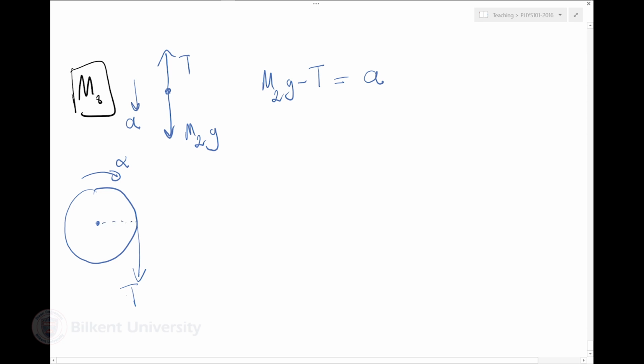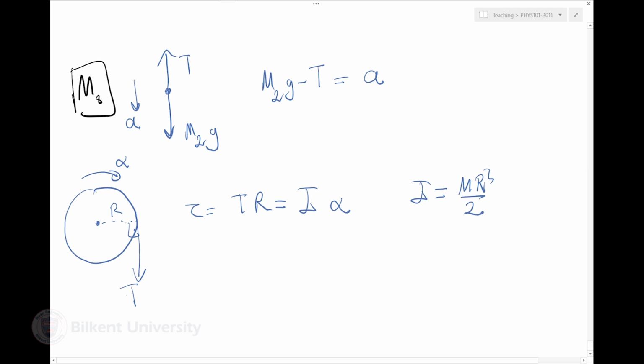What's the torque? T times R, because the angle between them is 90 degrees. So torque is equal to T times R, which must equal I times alpha. But what is I? This is a disk. We've actually calculated the moment of inertia from the center of mass. That was mr square over 2.